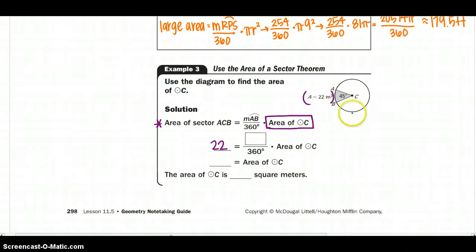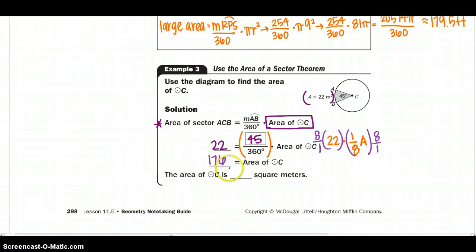My arc measure, I know, is also 45 since my central angle is there. I'm going to simplify this part of my equation. So I would get 22 equals 1/8 of my area. How do I get rid of that? I'm going to multiply both sides by 8/1, my reciprocal. So 22 times 8 would give me 176 meters squared.